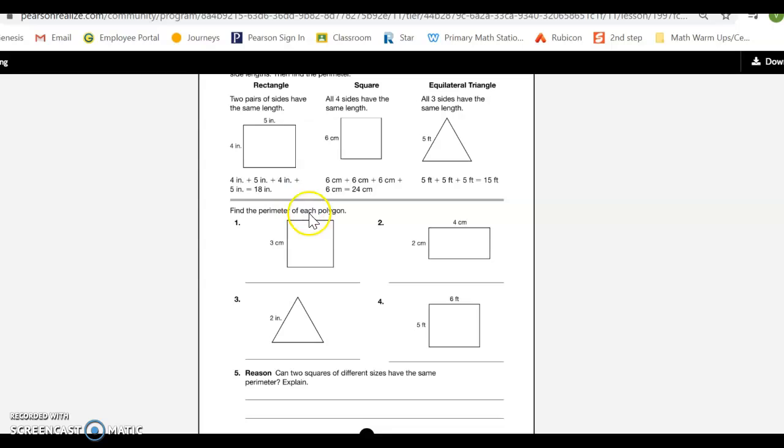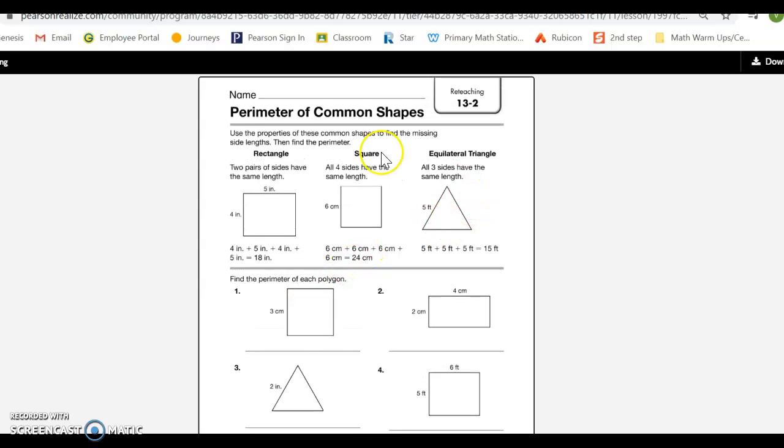So 3, 6, 9, 12. So for number 1, I'd record my answer as 12 cm for centimeters. It's very important we're putting our unit. If you need some review before starting the reteaching page, up at the top you can read through. This goes over the directions one more time even after watching the video.